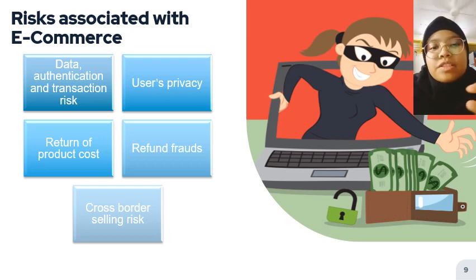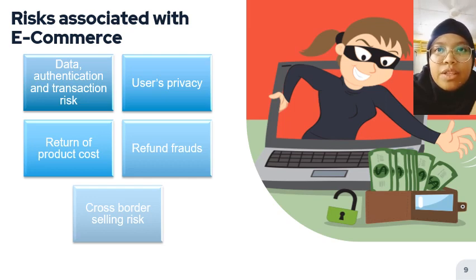Or product cost. Basically, in the traditional way of sell and buy business relationship, the customer usually can touch and can look and can ask the seller directly on the goods that they want to buy. For example, dress or clothes, or any kind of goods or services.